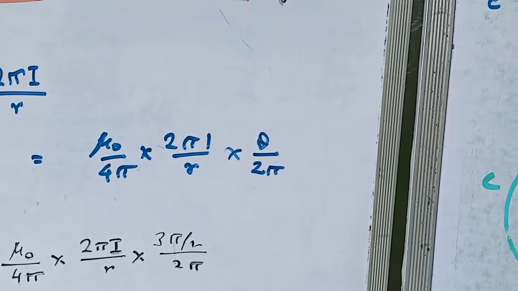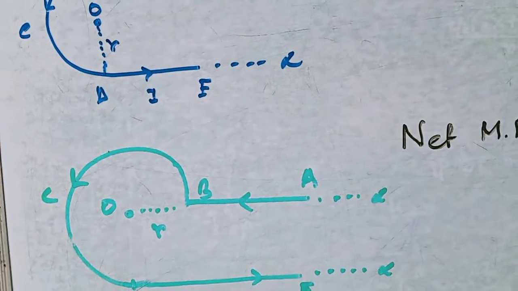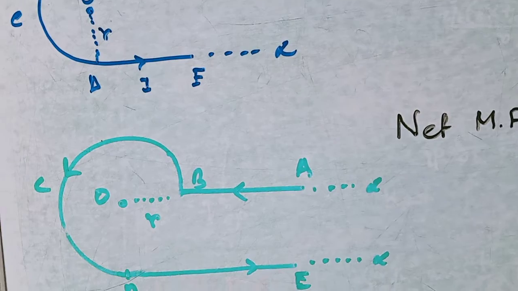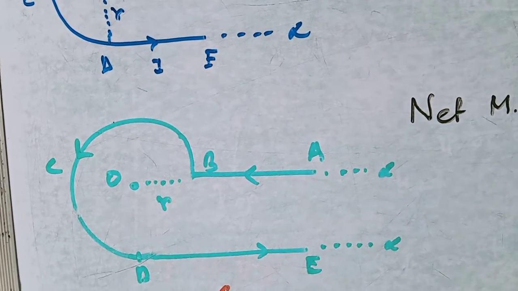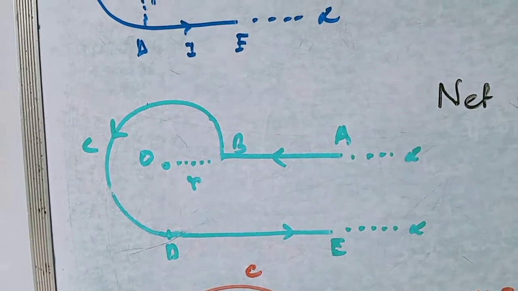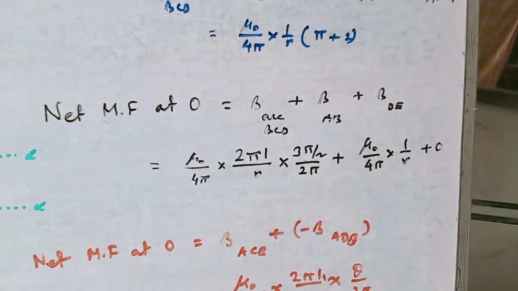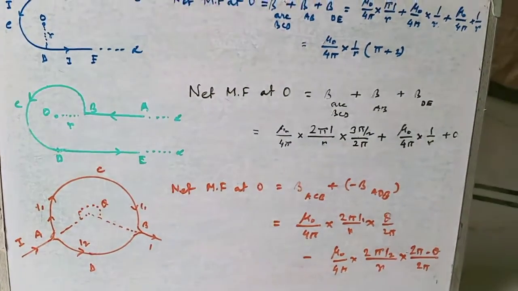Here theta is equal to 3 pi by 2. Now for AB, since A, B and O are collinear, the magnetic field produced due to AB will be equal to 0. And for DE it will be equal to mu naught by 4 pi into 1 by r. That will give you the net magnetic field at O.